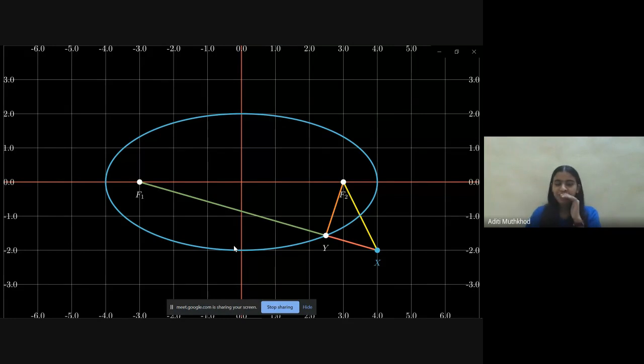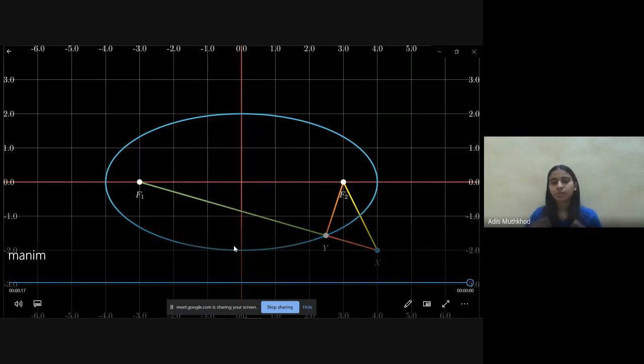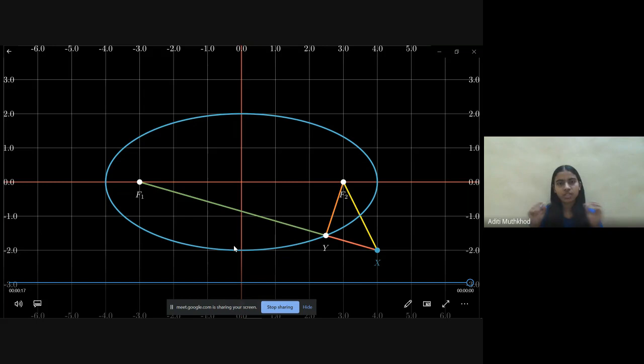So what I want to prove is, the definition of an ellipse that we generally know is that an ellipse is the locus of all points P such that the sum of the distances from P to two fixed points is constant.